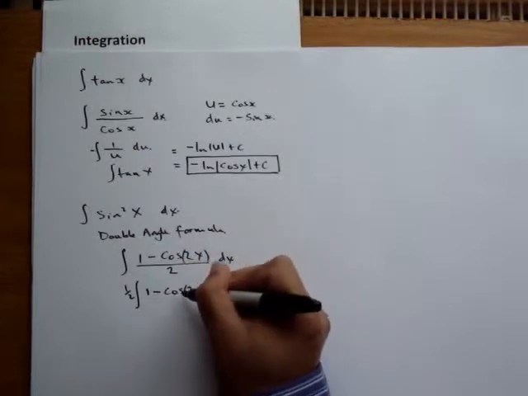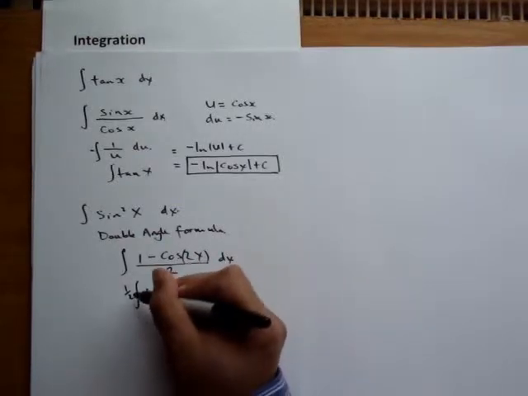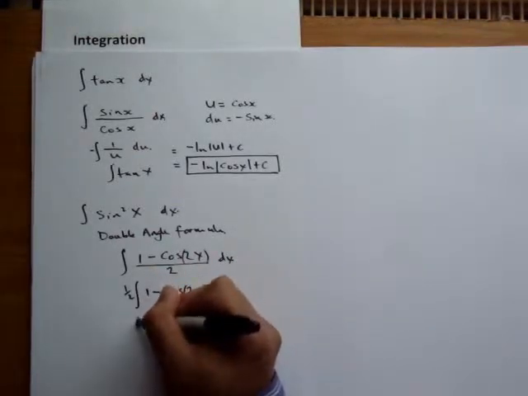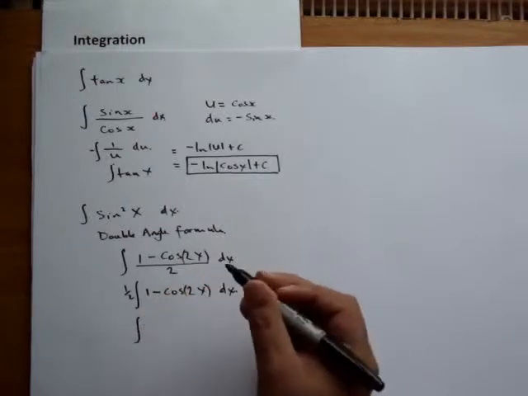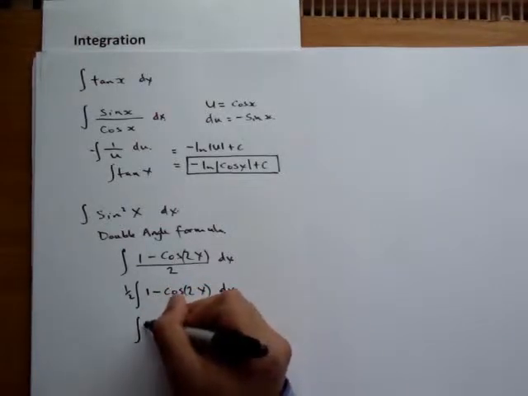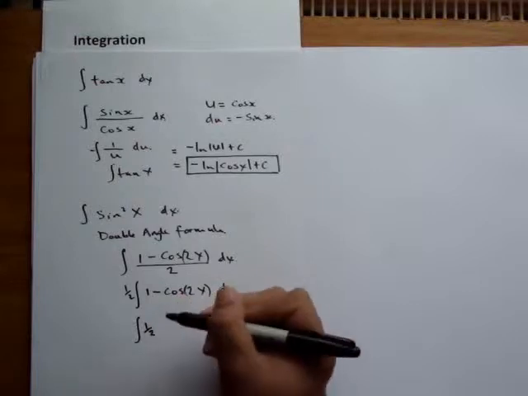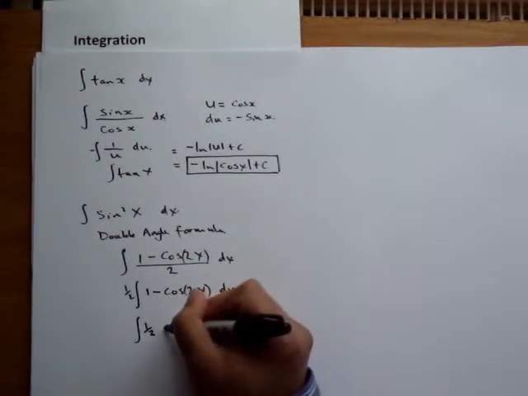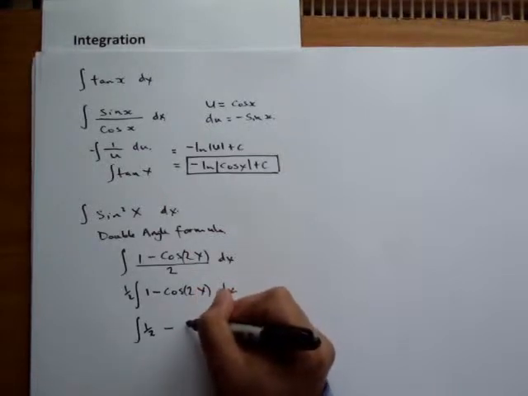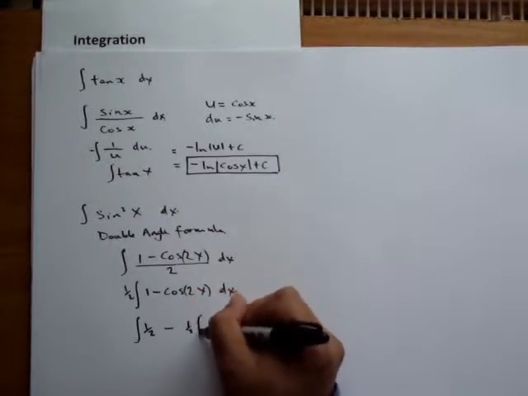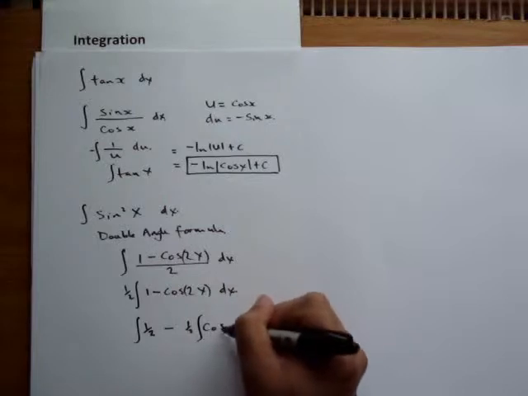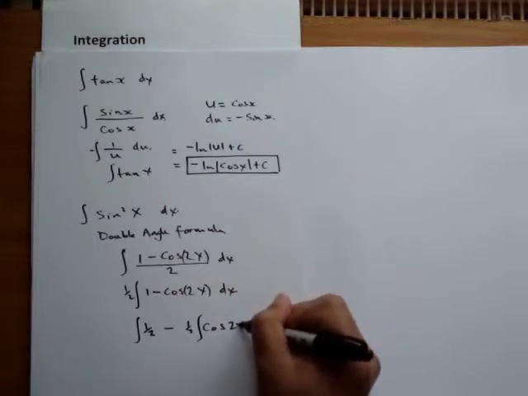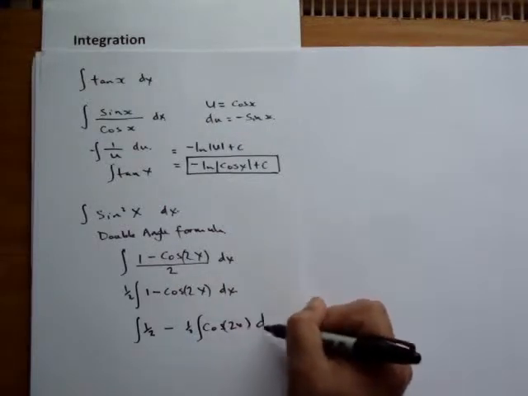We can split this into two integrals, distribute the half, so this will become the integral of a half minus a half the integral of cos 2x dx.